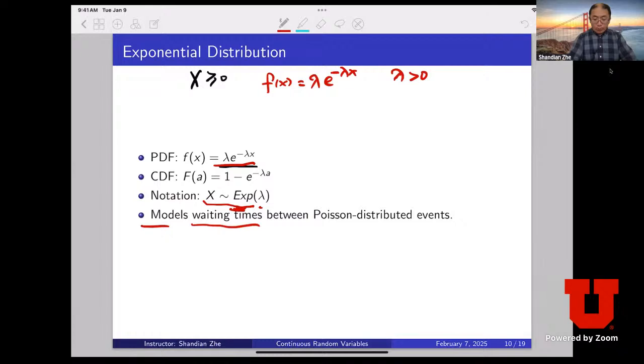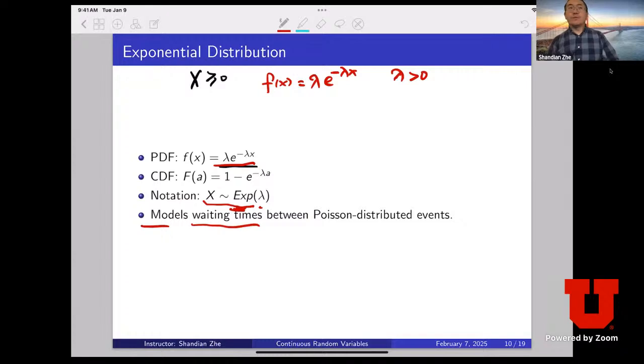And it is also used to model the interarrival time. If you look at some events happening, and those events follow a Poisson distribution, for example, if you sit in front of some crossroad and count how many cars pass by every day. Today might be 20, tomorrow might be 30, Thursday might be 25, and Wednesday might be 5.